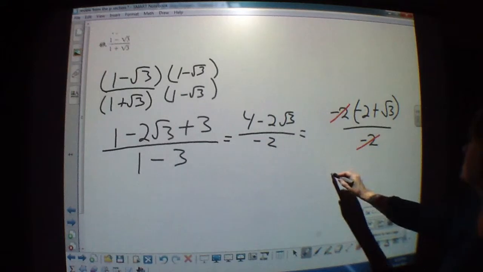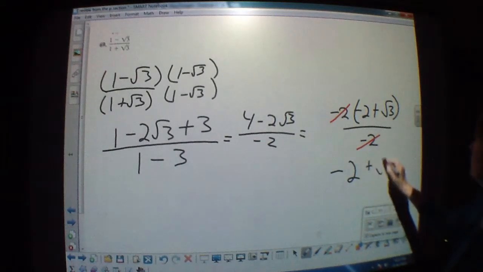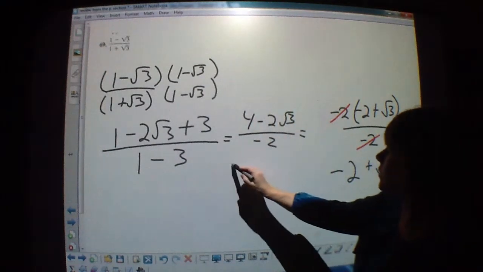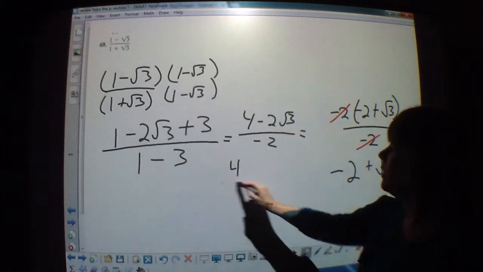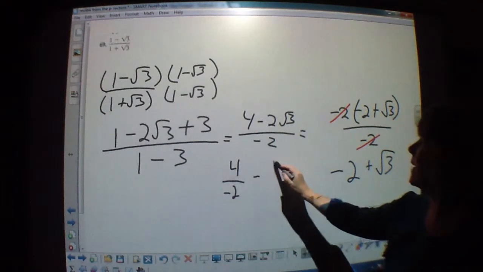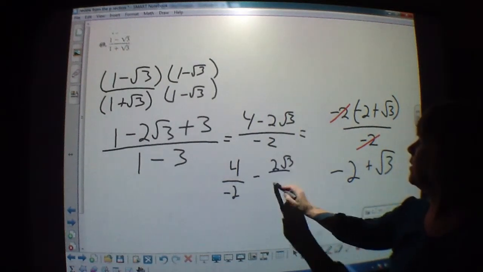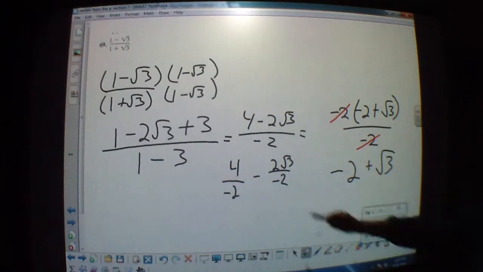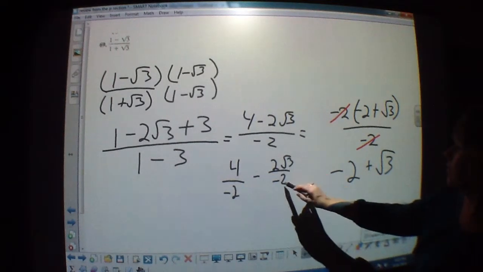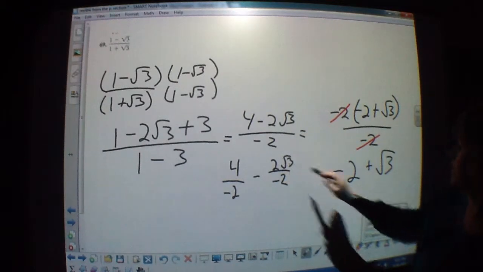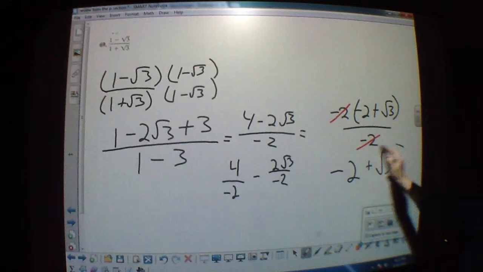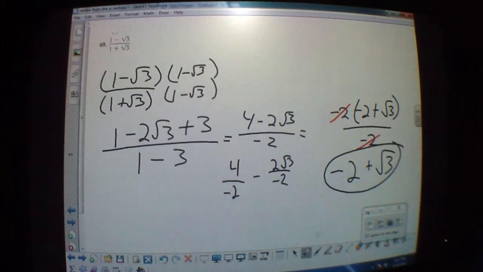And then my answer is negative 2 plus radical 3. Not the only way to do it. From this point right here, you could have written 4 over negative 2 minus 2 radical 3 over negative 2. 4 over negative 2 is negative 2. 2 radical 3 over negative 2 is negative radical 3, so I'd have a minus a negative radical 3, which becomes plus. Done with the problem.